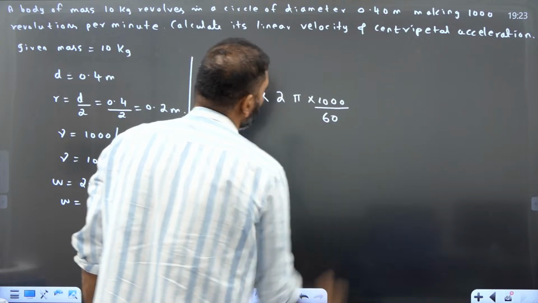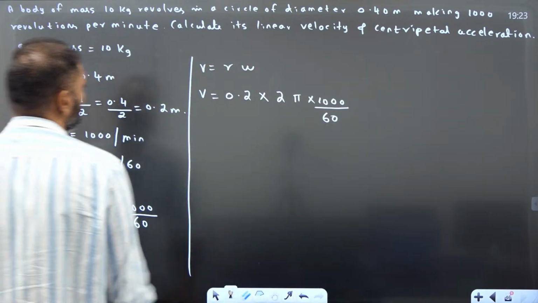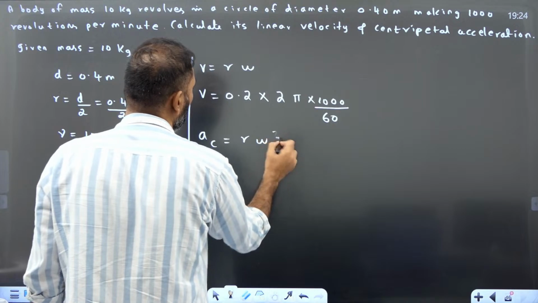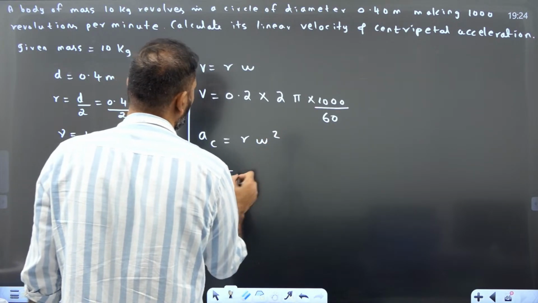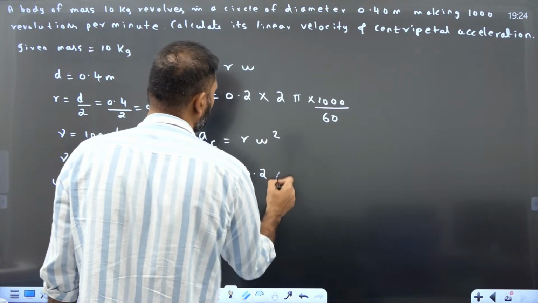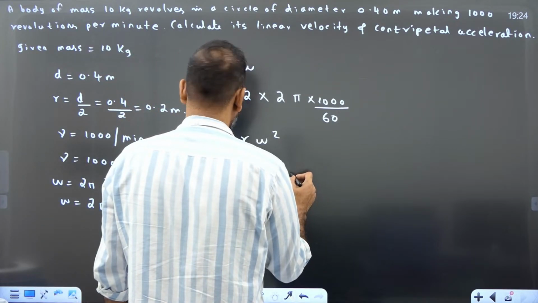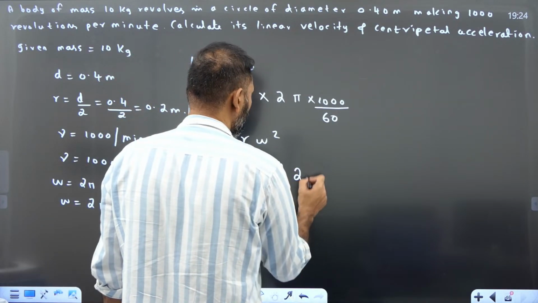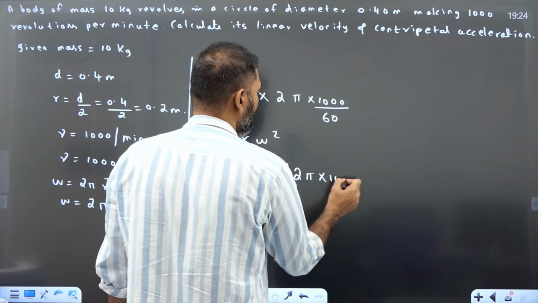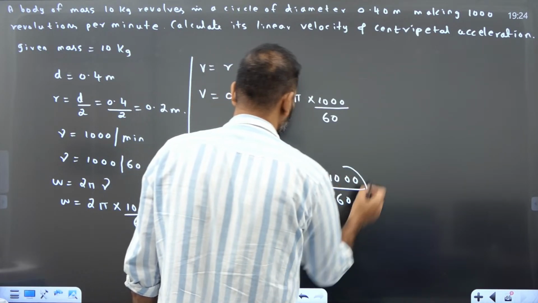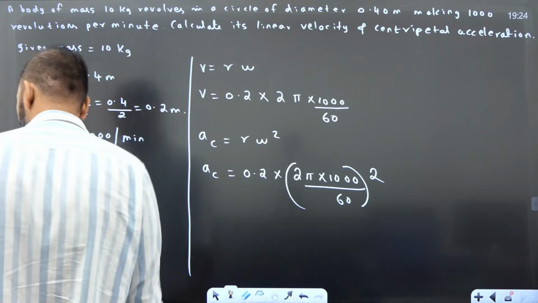Centripetal acceleration a sub c is equal to what? R omega square. So 0.2 into, what is omega? 2 pi into 1000 by 60, the whole square.